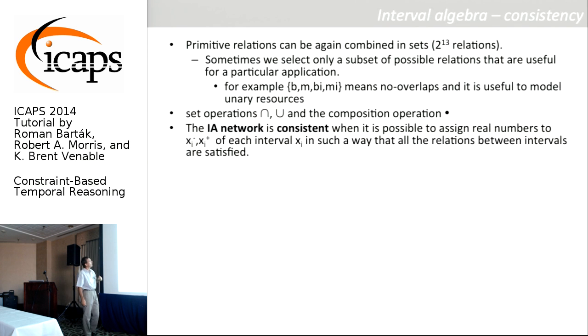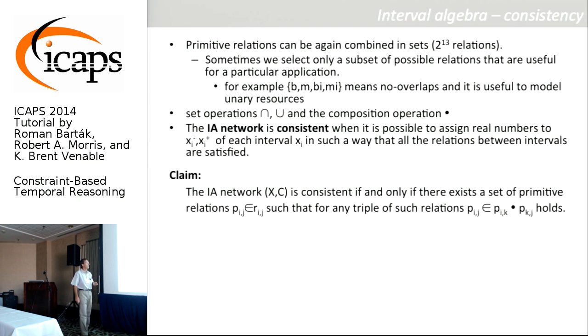Like before, we can define the interval algebra network. I already showed you how the network looks. The nodes are intervals. The edges describe one of these relations between these intervals. Again, we can define consistency of this network, meaning we can assign start times and end times in such a way that all the relations are consistent.